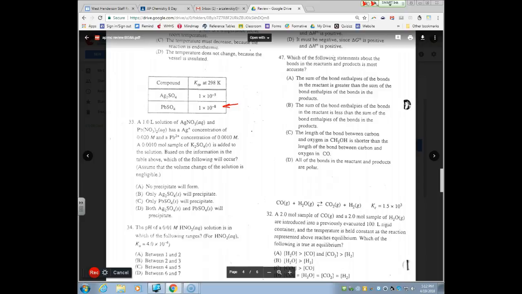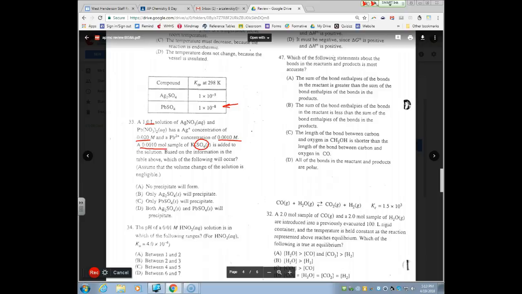So we've got a solution, and it's got some silver ions, and we've got some lead ions in there, and we know the concentrations of those ions. And it is in a 1 liter solution, so our molarity is the same thing as our moles for those particular ions. And then we're going to add a source of these sulfate ions from the potassium sulfate. And we're going to add this many moles of it.